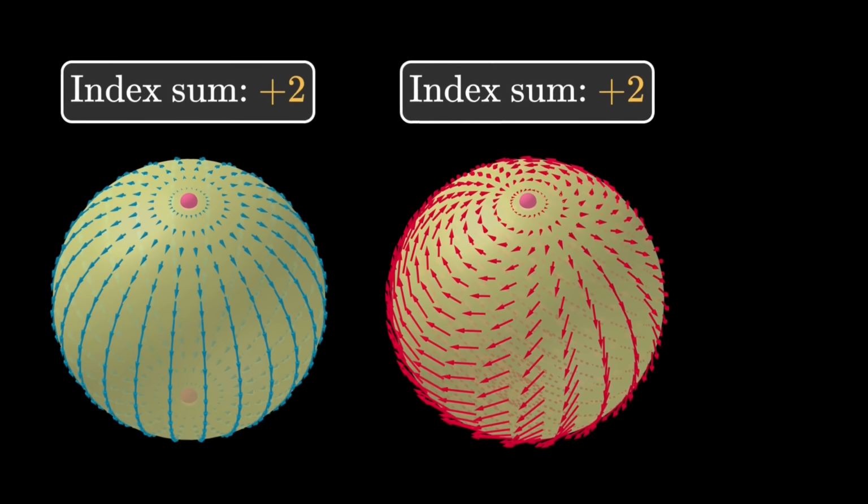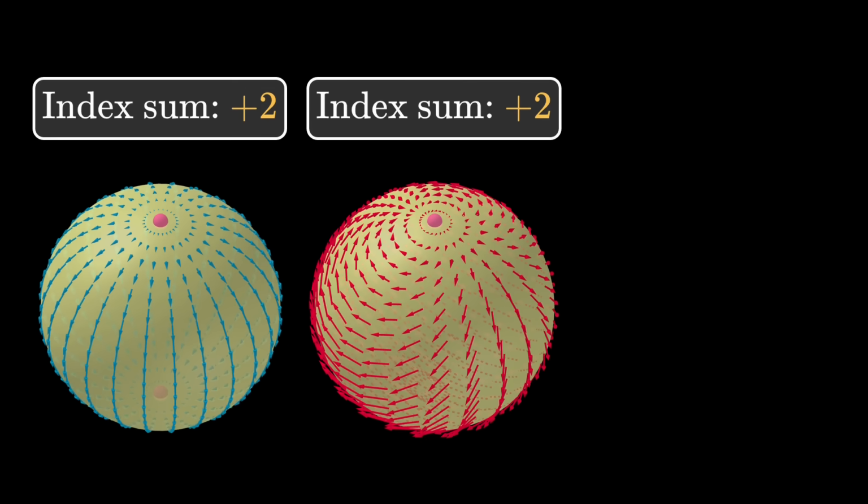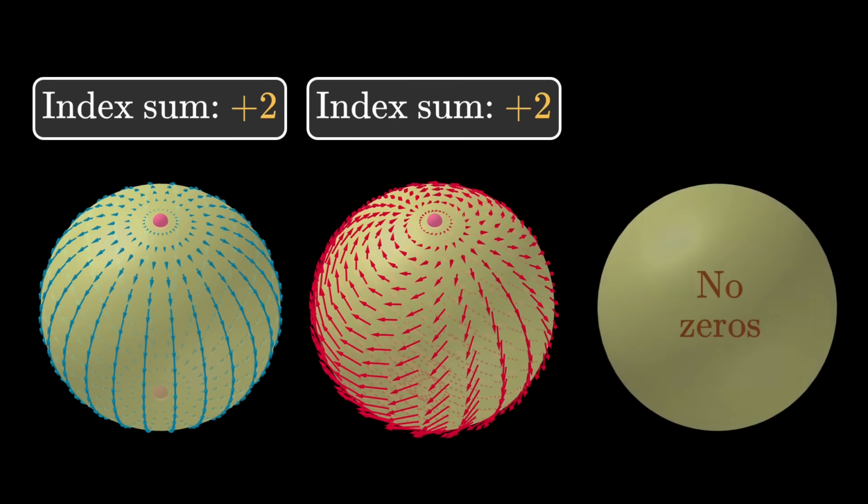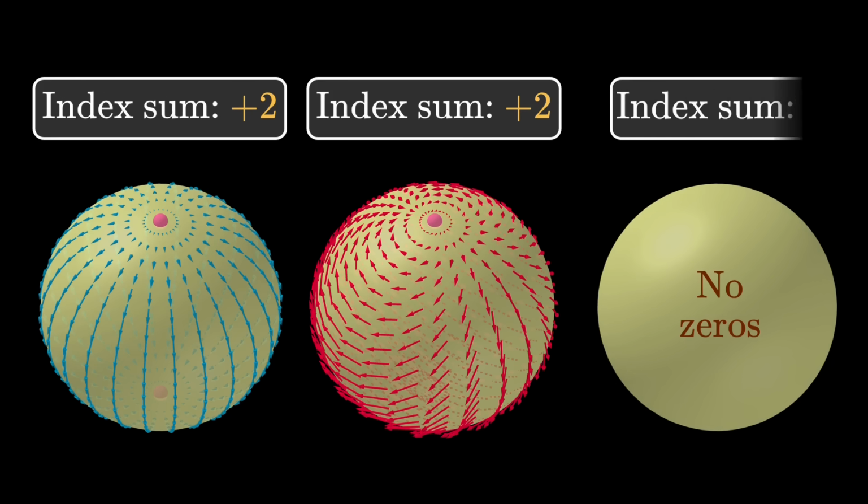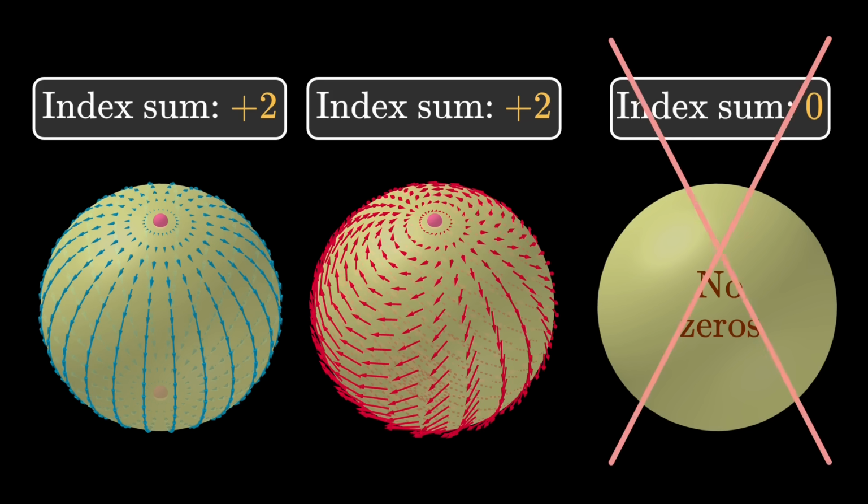If we can prove this is always plus 2, then because a vector field with no zeros should have an index sum of 0, we would reach a contradiction. Then vector fields can't have no zeros on the sphere, which is the Hairy-Ball theorem.